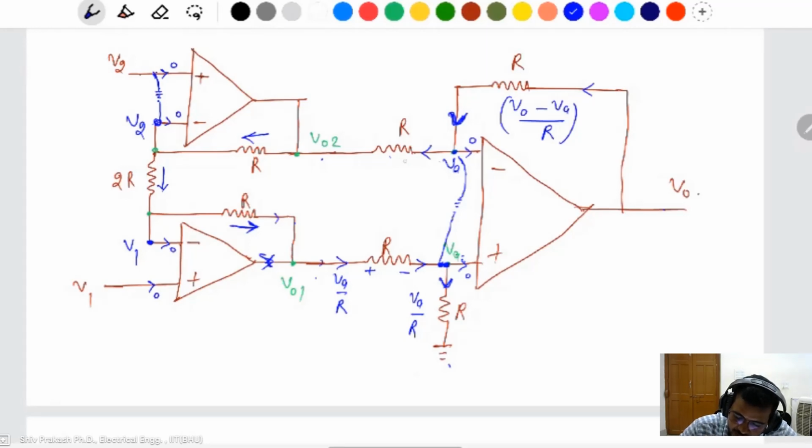Then what is the voltage of this one? The same current flows here, current into resistance: V output minus VA divided by R, into R. And what is this current? This current and this current are the same. We can find it from here, V2 to V1. This current is V2 minus V1 divided by 2R.